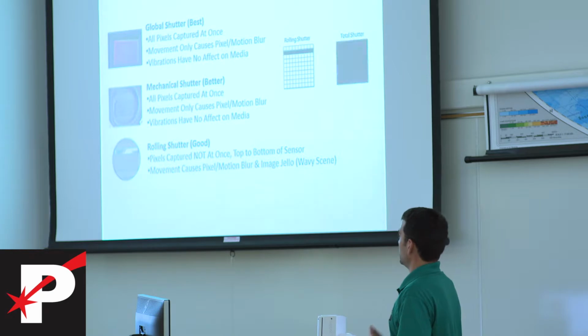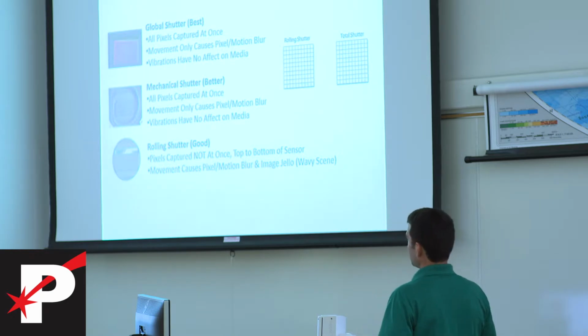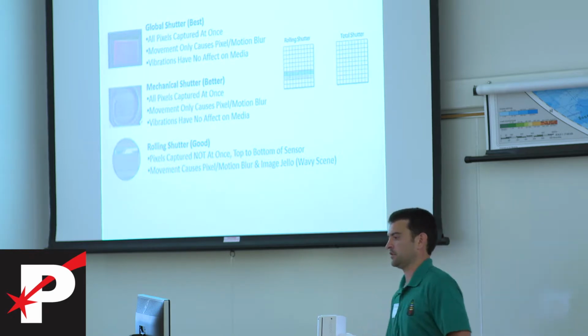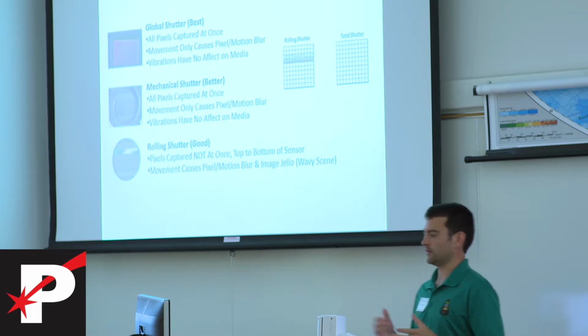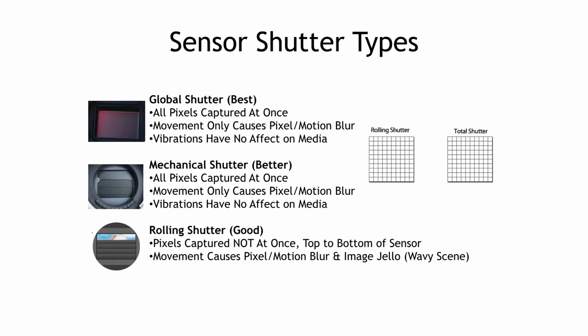So, getting into different sensor shutter types, global shutter is still, in terms of surveying, the best. Mechanical shutter is essentially blinds of sorts. People think of it as the old school way of doing things, but it's still used. Mechanical shutter basically goes over an electronic shutter sensor, and if you're familiar with the Phantom 4 Pro, what they use is a combination.